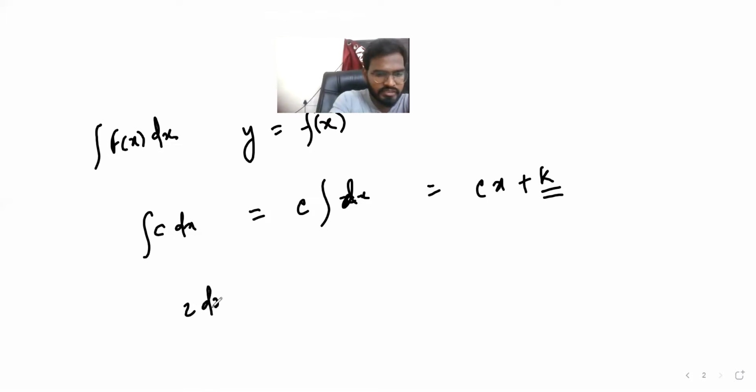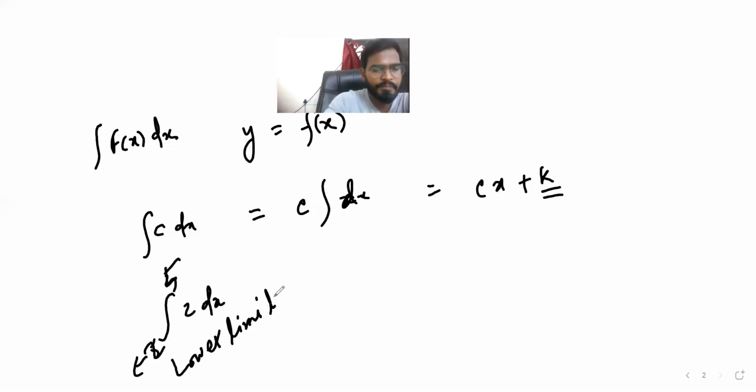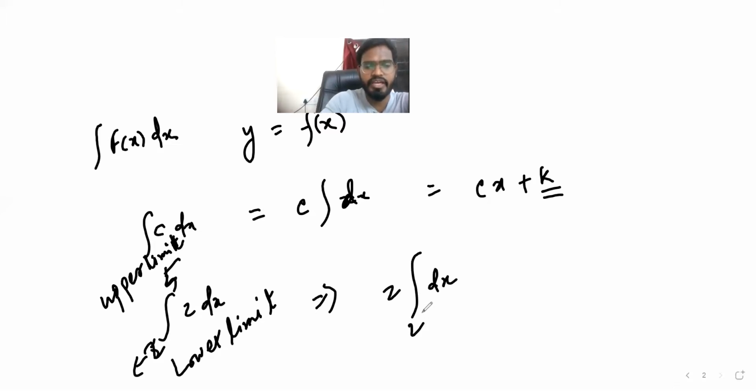Integral of 2 dx with limits 5 and 2. So this 2 is the lower limit, and this 5 is the upper limit. Now if you integrate this, integral of 2 dx from 2 to 5, constant 2 and x.